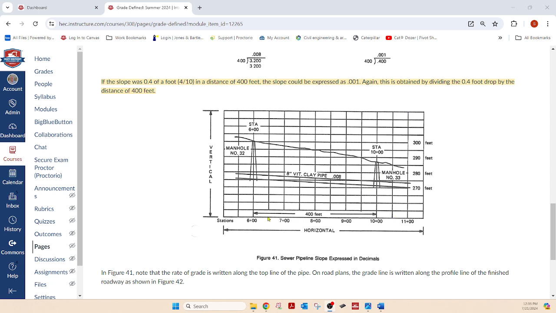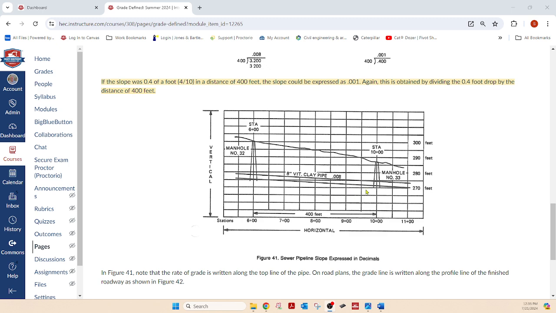Your horizontal distance is going to be a long way, so your scale is going to be larger going this way. Your scale vertically is changed. And that's why these will look like this. I'm not going any further than that. I'm just telling you why they look like that, because the horizontal is different than the vertical.